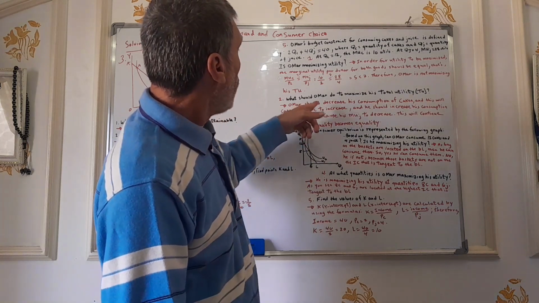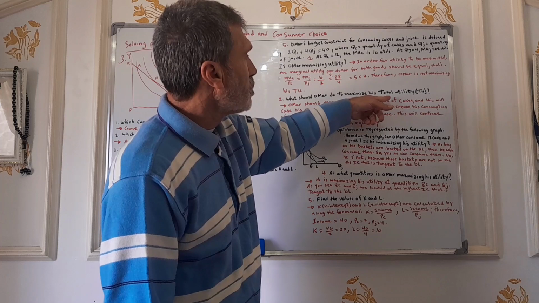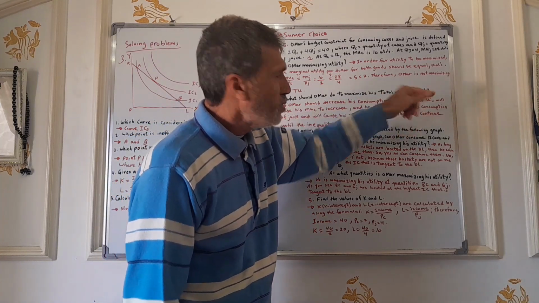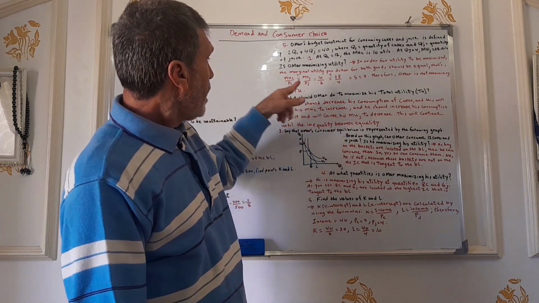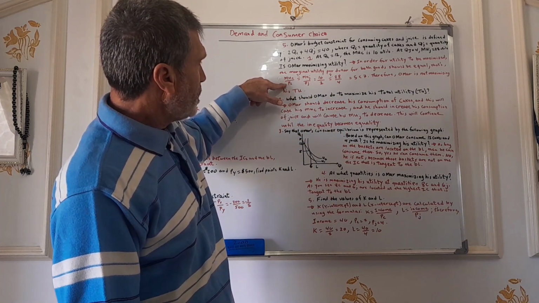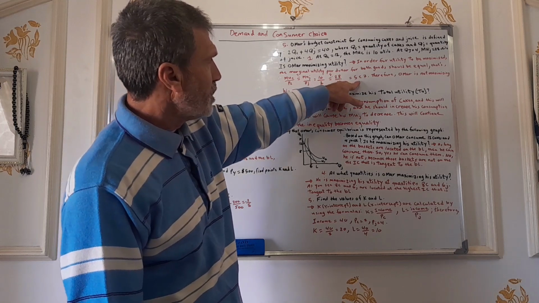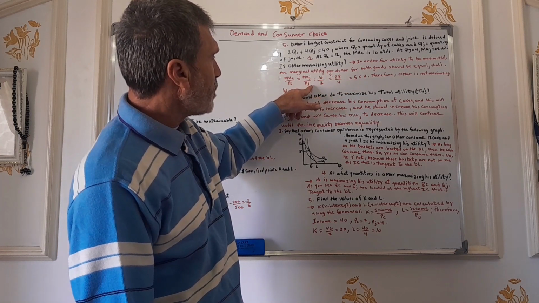The question: what should Omar do to maximize his total utility? Remember, the marginal utility of C over price of C is less than marginal utility of juice over price of juice.